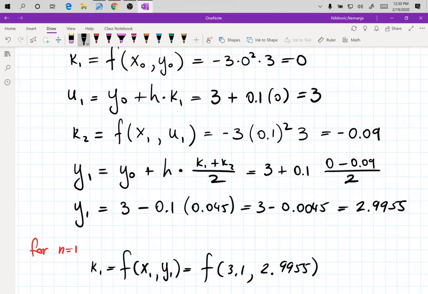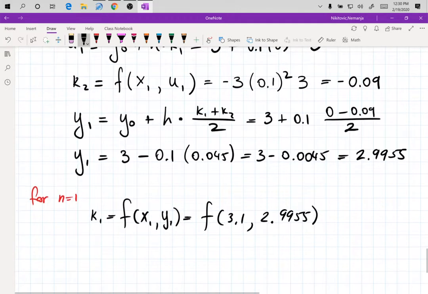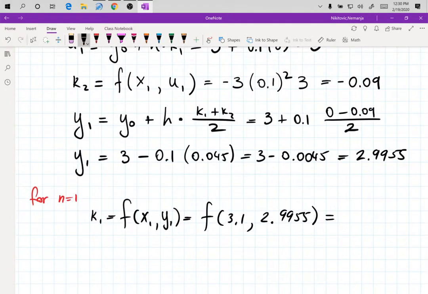Oh, hell no, I'm calculating. Which is going to be, oh, why did I sign up for this? Negative 3, 3.1 squared, 2.9955.